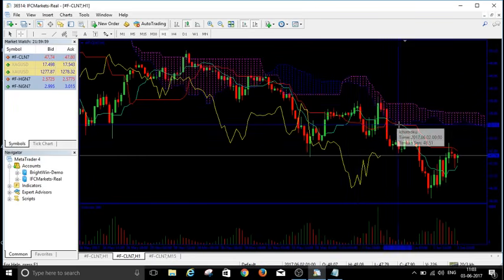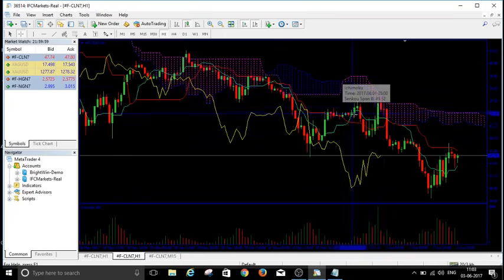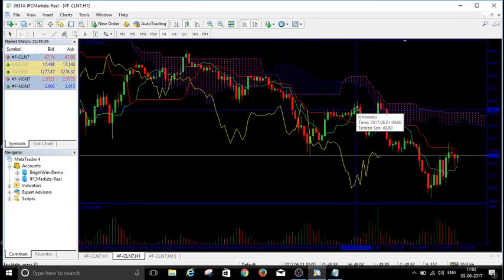Okay, but here sale comes, so we can enter in sale. Suppose you are going in sale over here, don't go, because surely it will touch the cloud once. It touched the cloud and came down, so better not to take a position here. Okay, wait for this.